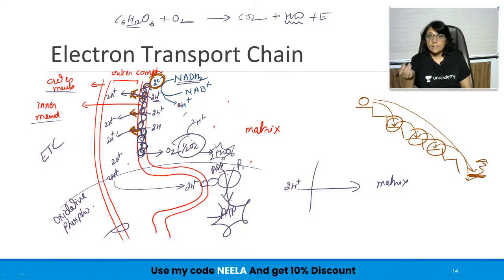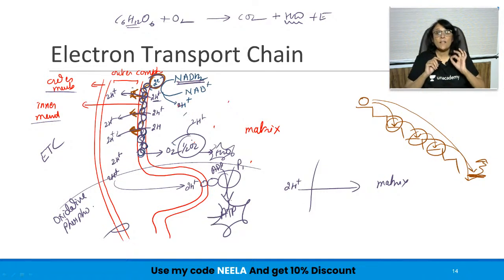Now, from where is the electron going to come? One such molecule is NADH2. When NADH2 dissociates, a pair of electrons is released. And this electron is at a higher energy level. From higher level, it comes to lower energy level. And when it moves from higher to lower, it passes through the electron transport chain.